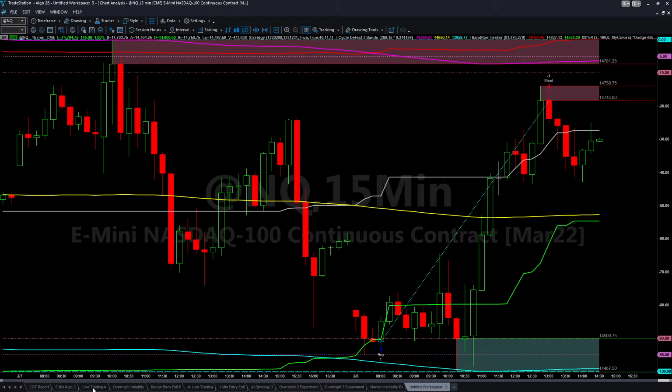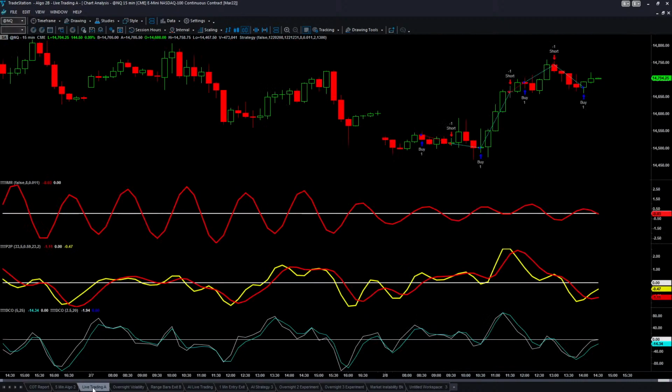All right, guys, no bar change here at all. And right here, this is about to fizzle out. Right there. It's just about to fizzle out.